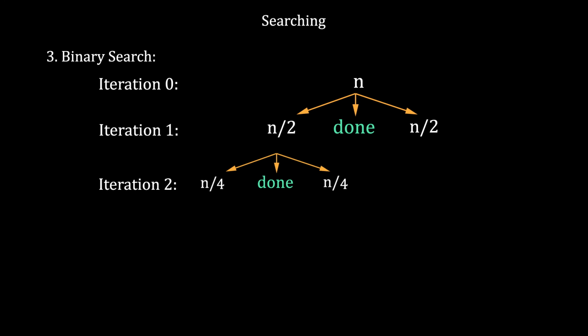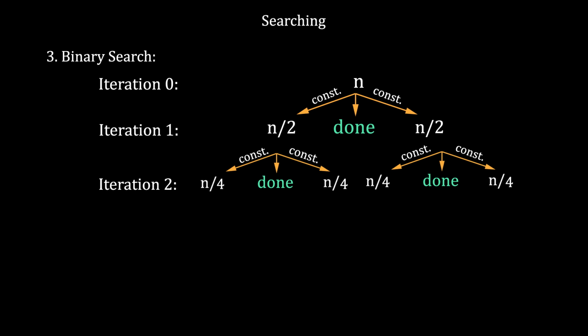From the first previous scenario, there are also 3 possible scenarios in which we will remain with a searching area of length n divided by 4, or we are done in the best case. Same, from the third possible scenario, we also have 3 possible scenarios, and we will remain with a searching area of length n divided by 4, or in the best case scenario, we are done. Let's not forget, on each of these iterations, we are performing a constant number of operations, and so on and so forth until we find a solution.